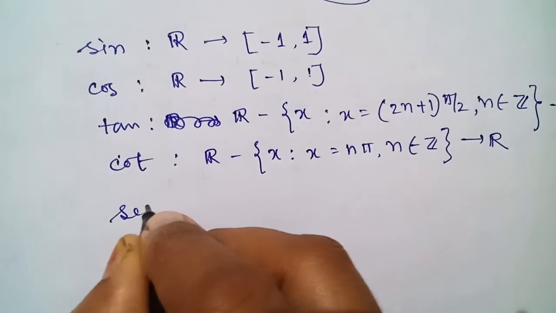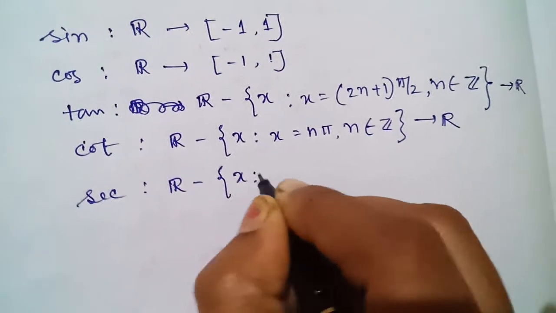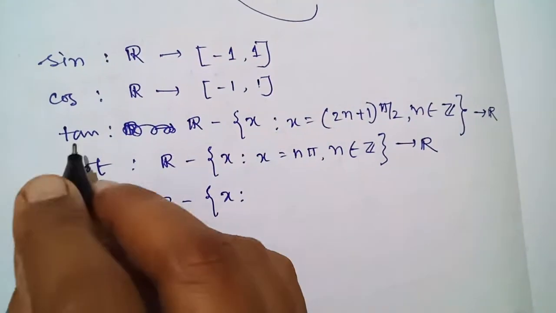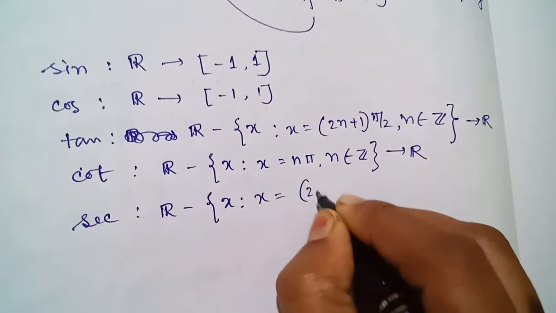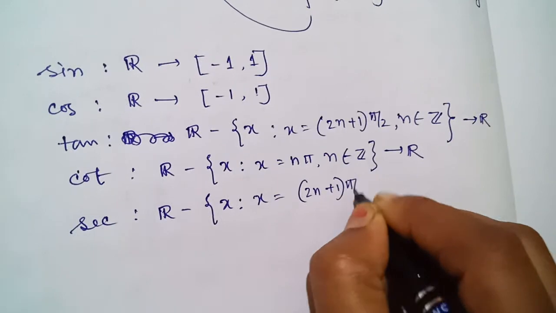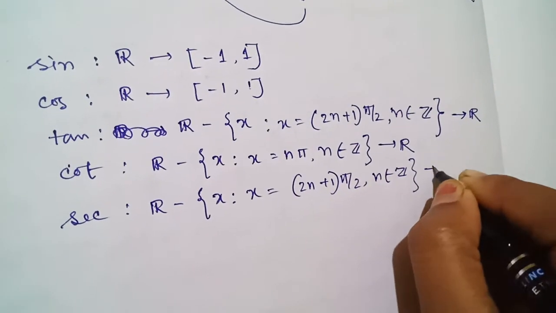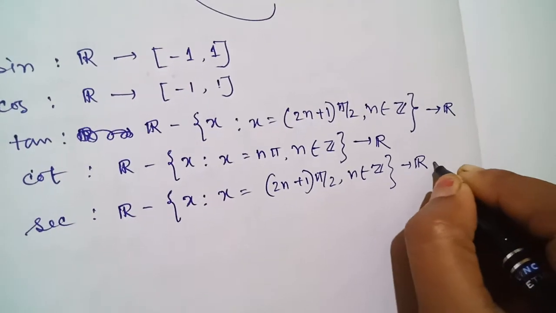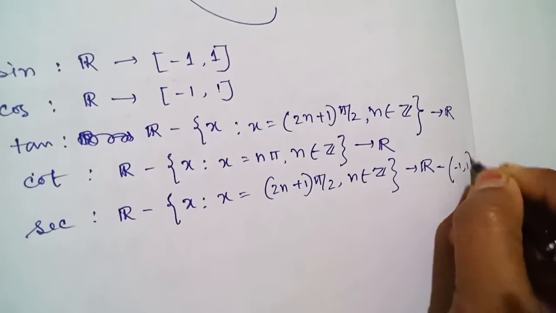Then sec: its domain will be R minus the same points as tan. The domain will be the same only, not the range. The range of sec is R minus (-1, 1).